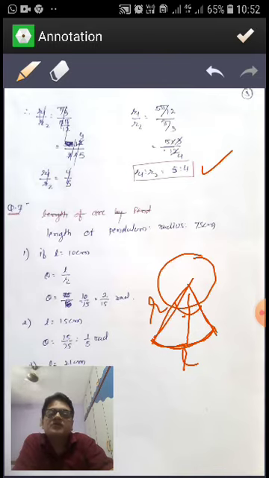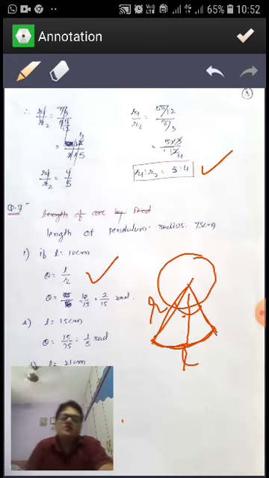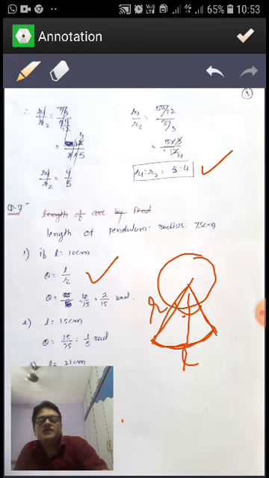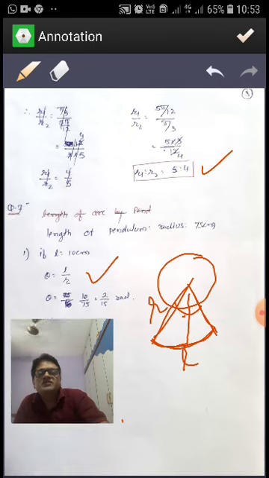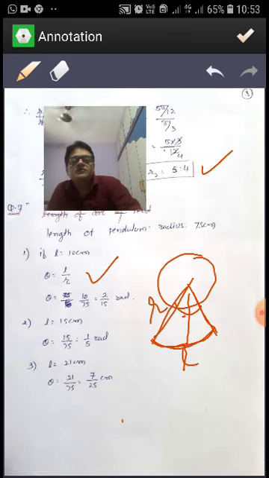Okay, so we want to find in each case theta. Theta is equals to L by R. L will be different. There are different length of arc and length of pendulum is same, means radius will be same. So you have to solve it.